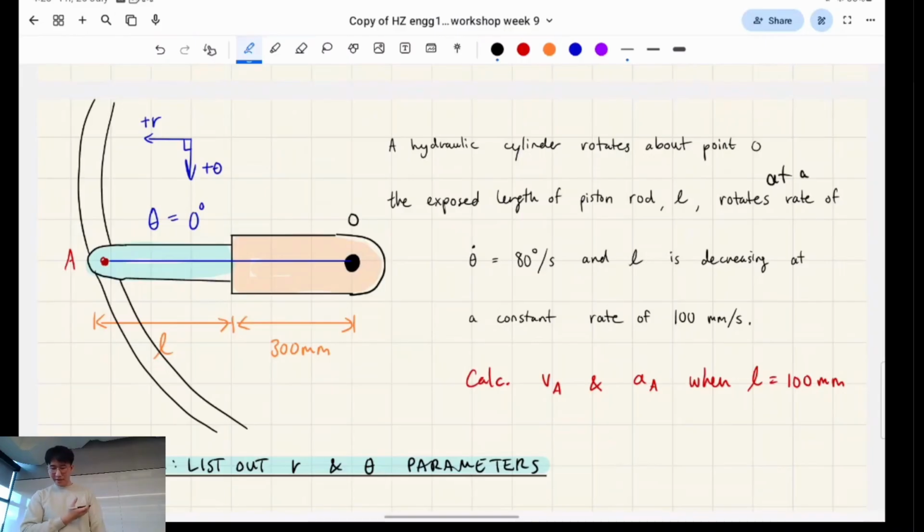Calculate the velocity at point A, the end of that hydraulic arm, and the acceleration of that point, when L is 100.